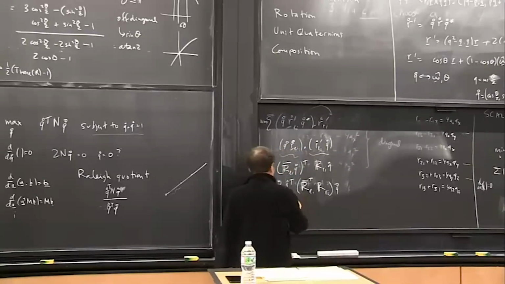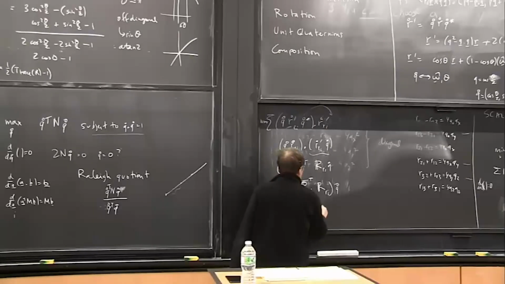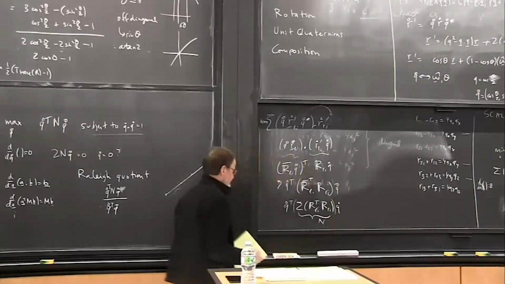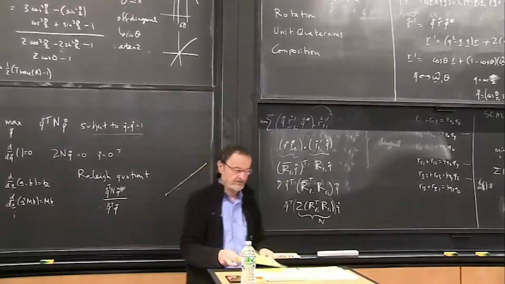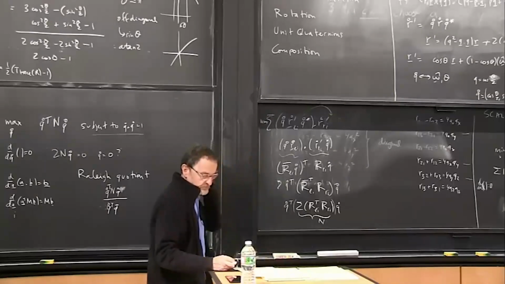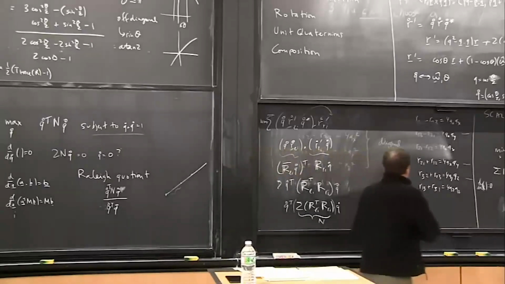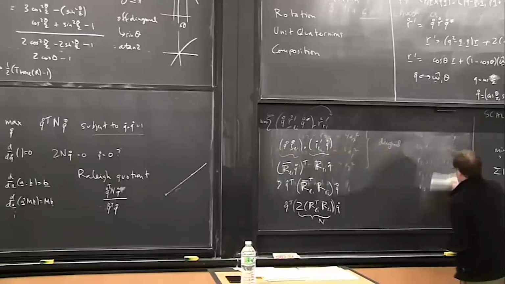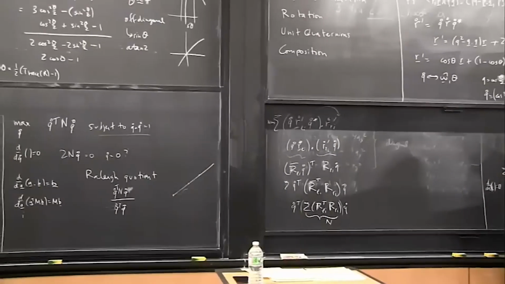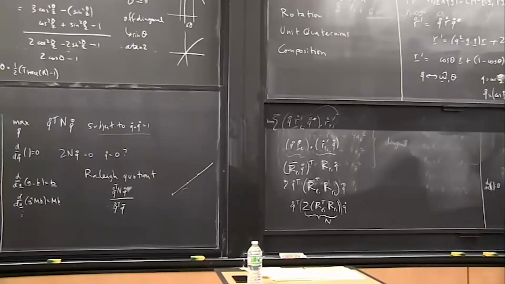And Q doesn't depend on i, so we can get rid of that. So it's that matrix. So it's derived from the data, from the correspondences. Okay, so how do we find that?